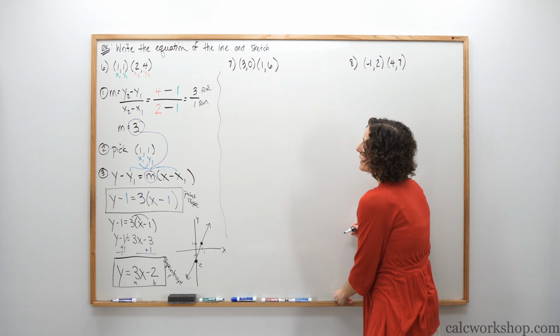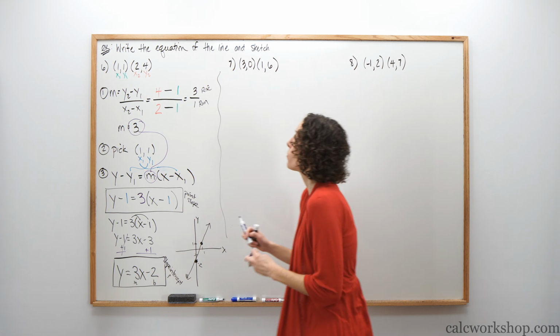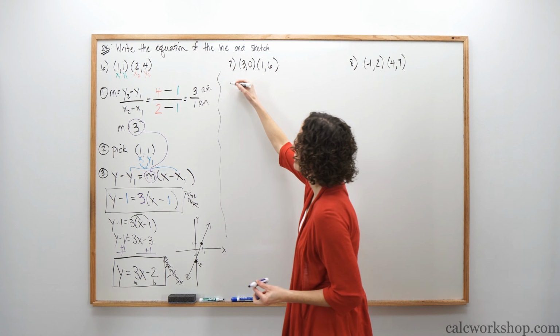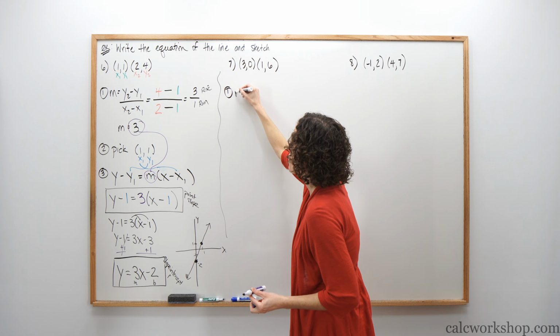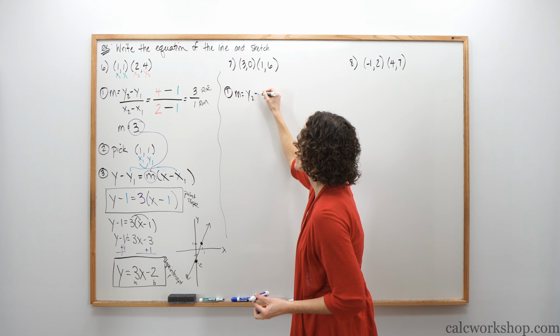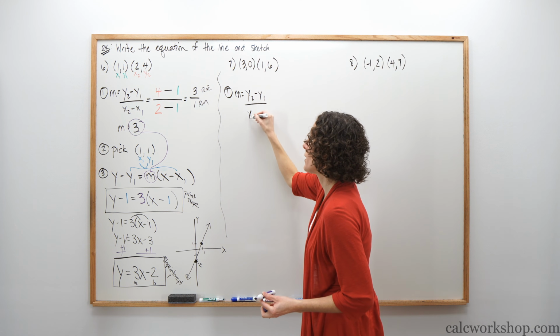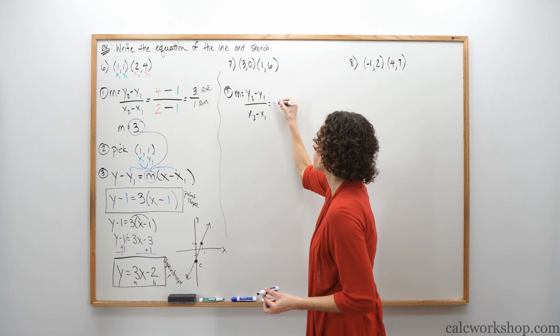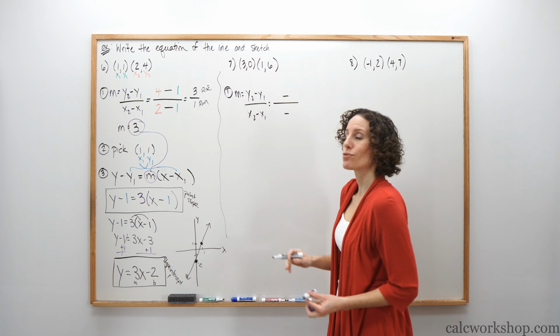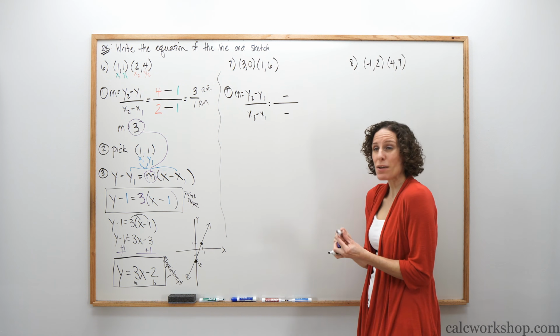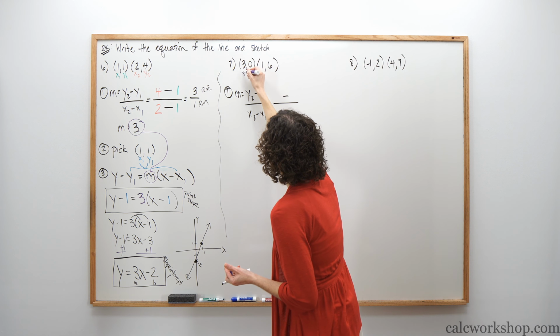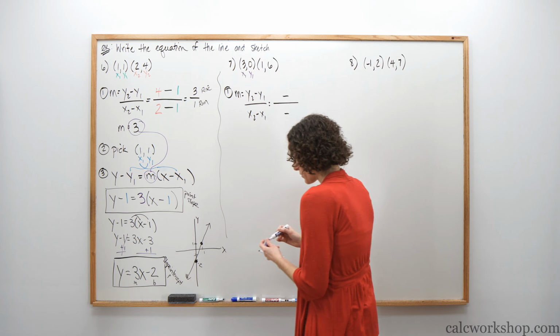What we have is 2 points. Step 1, m equals y2 minus y1 over x2 minus x1. I'm going to put in our division bar and our 2 negative dashes. Well, let's label. The first point will be x1 and y1 because it comes first.